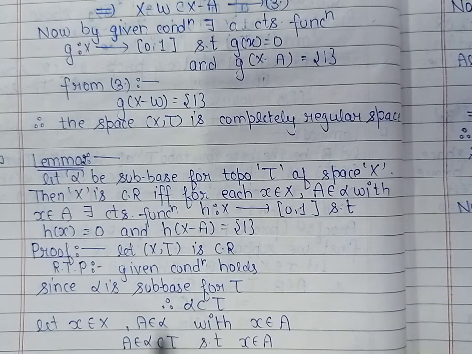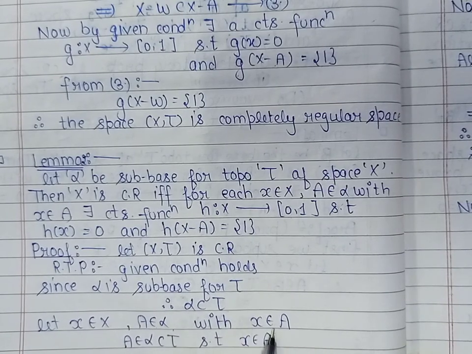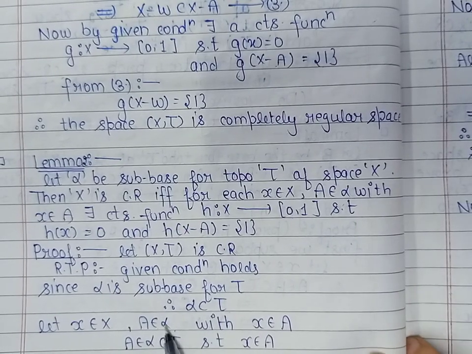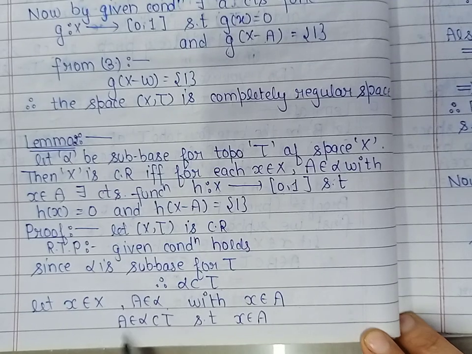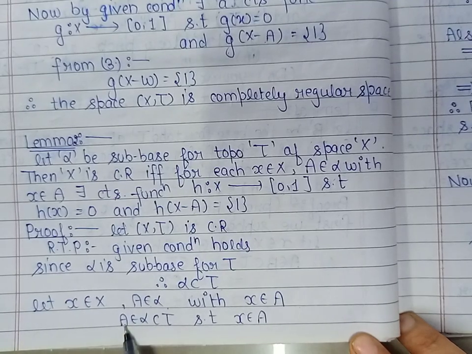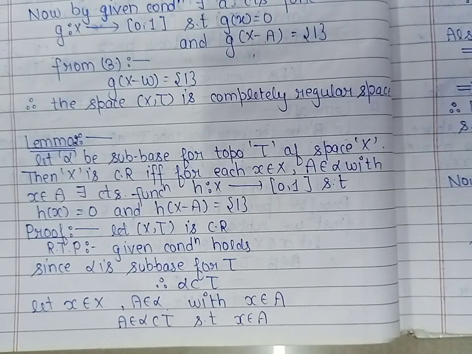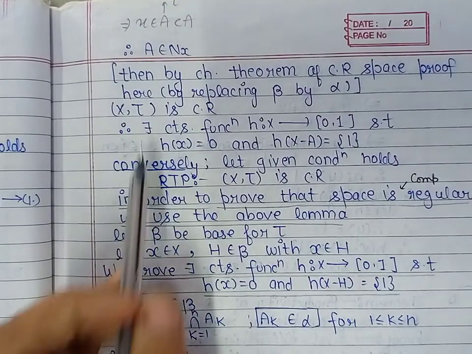Now here we have taken x belonging to X, A belonging to alpha with x belonging to A. We can combine these two. So we can say that A belonging to alpha is contained in tau. Therefore, A belongs to the topology tau. And also because x belongs to A, A is a neighborhood of the point x.